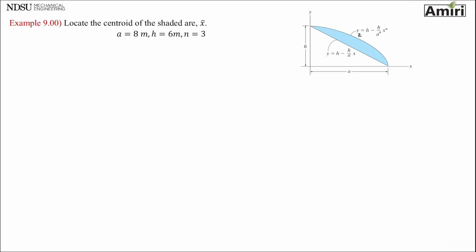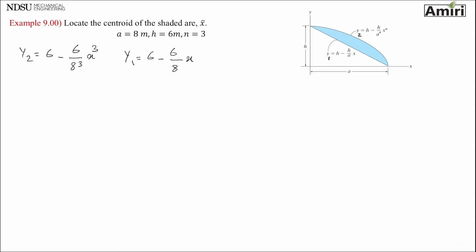I like to call one of them y2, one of them y1. Okay, so y2 equals a, h, and n are given. So y2 is going to be 6 minus 6 over 8 cubed x^3. My y1 is going to be 6 minus 6 over h x.